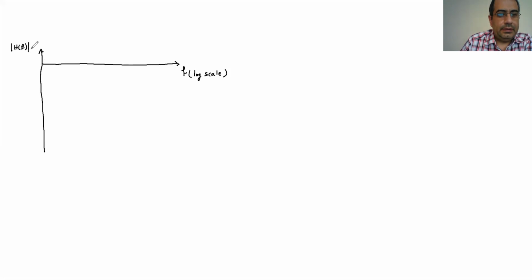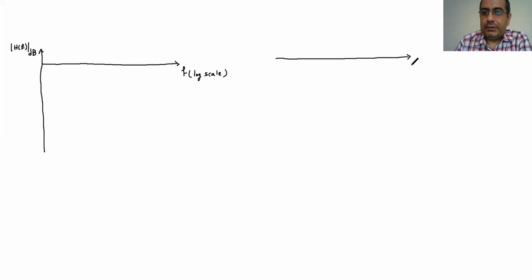Because it is in decibel, the whole thing is going to be negative. The same here, again the frequency in the log scale, and the angle, which is starting from 0 and goes to a negative value.